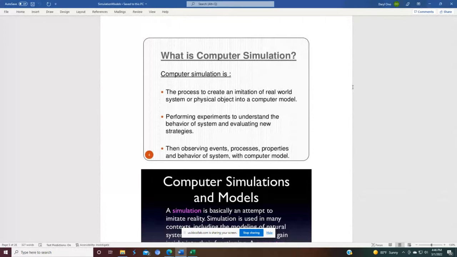This is performing experiments on the computer to understand the behavior of the system, or to maybe go out there and evaluate a new strategy. So then you go out there and you observe events, processes, properties, and behavior of the system with this computer model.